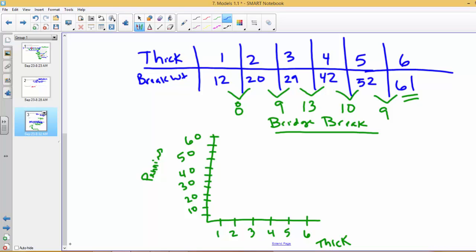So over 1, up 12, over 2, up 20, over 3, up 29, over 4, up 42, over 5, up 52, over 6, up 61.